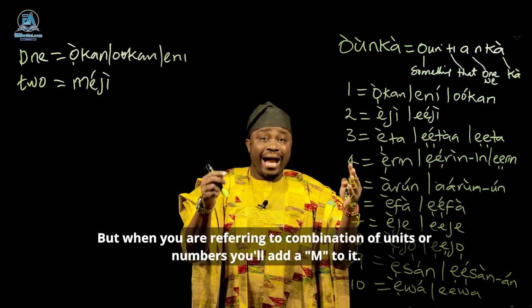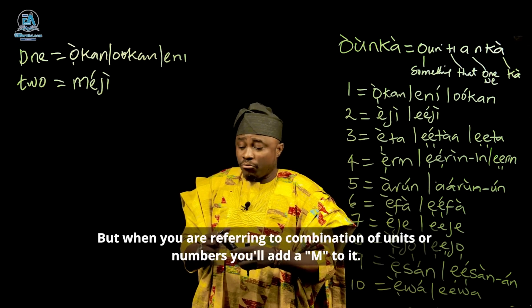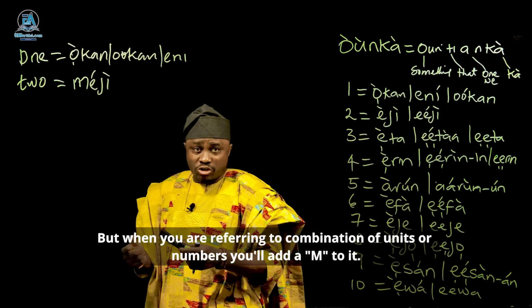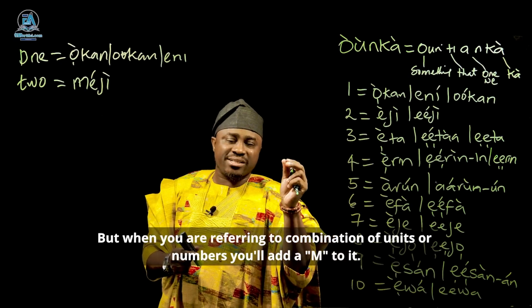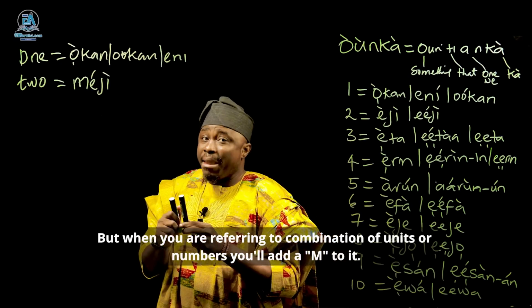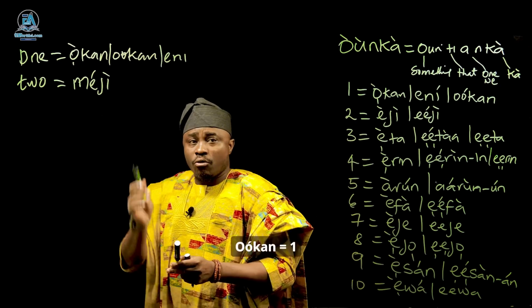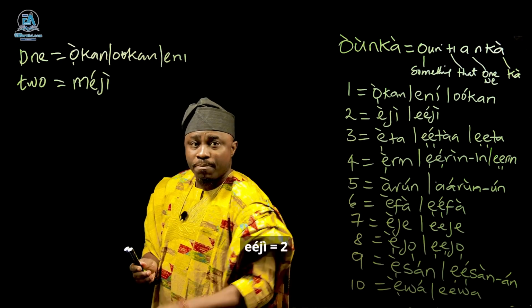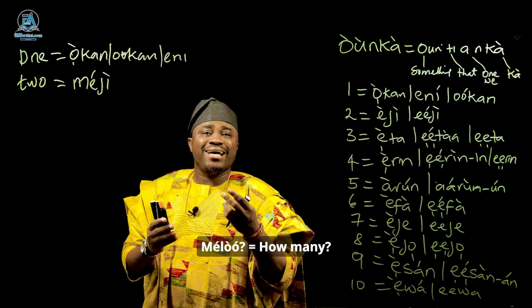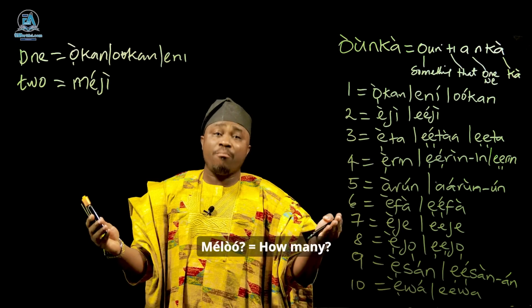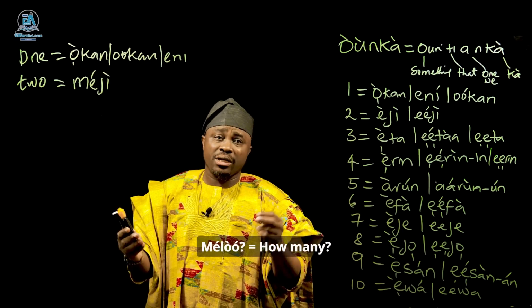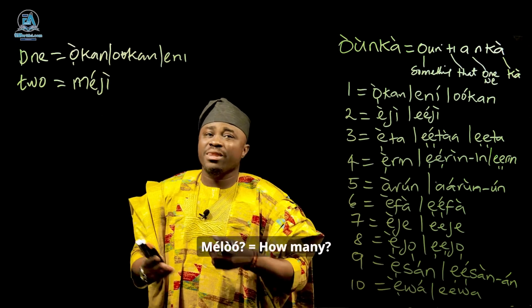But when you are adding, when you are having a combination of units, of numbers, you add mé to it. It becomes méjì. That's why you say mélòó for how many.